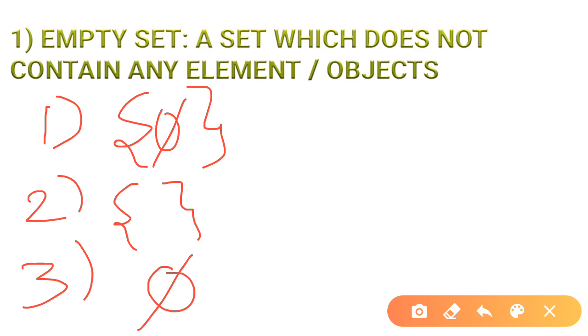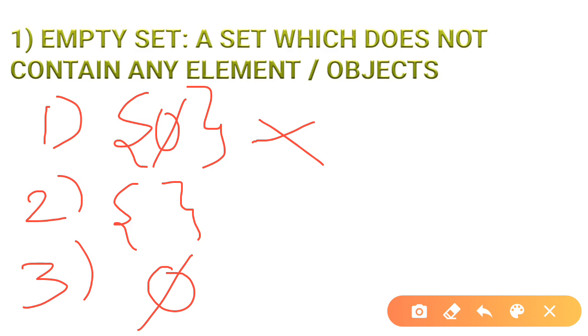Why? Because the curly brackets have one element, that is pi. The elements in curly brackets are called objects, otherwise elements. So that's why this is an element, and the first one is not an empty set.